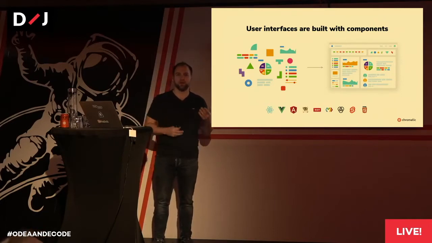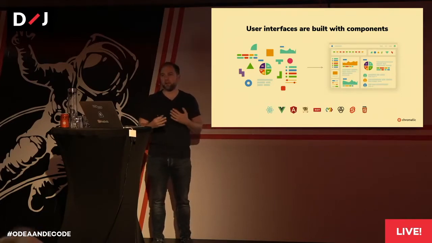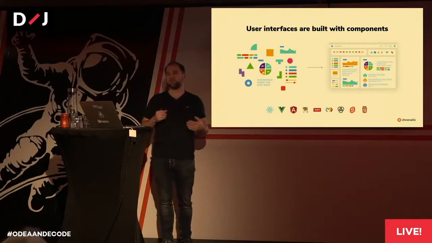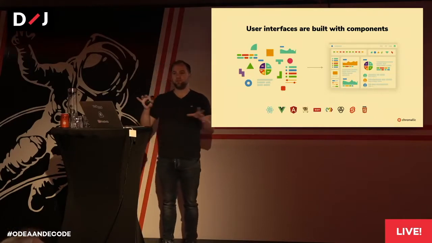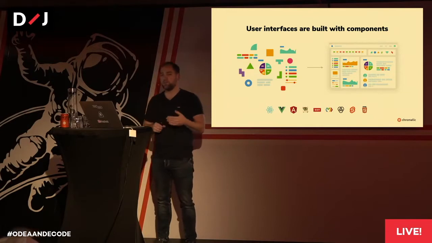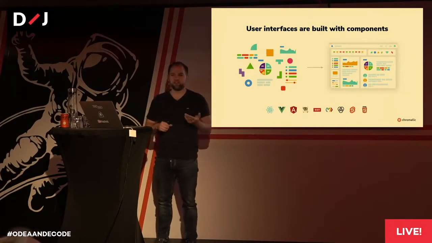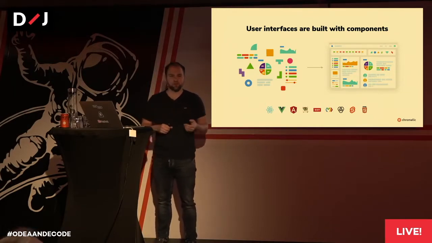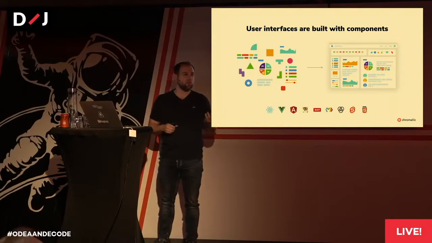So you spend less time reinventing the wheel all the time because you can reuse the same component over and over again. Even classic server-side frameworks such as Ruby on Rails and Laravel are also jumping on this component-driven development bandwagon.